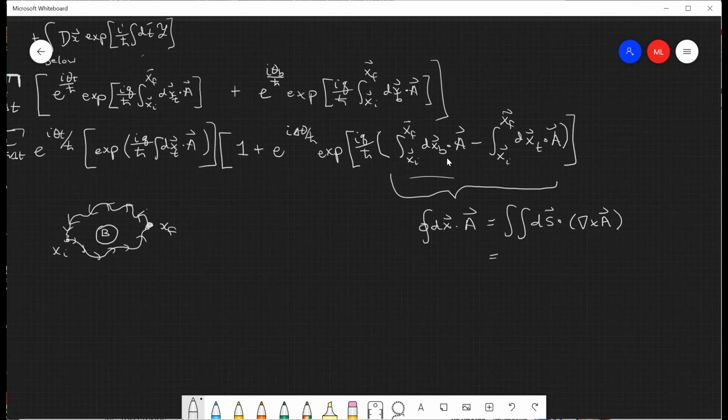And that, of course, is nothing but the magnetic field, because remember, the curl of the vector potential just gives you the magnetic field. So this must be the surface integral. If you have some loop, the surface element is the area element that points according to the right-hand rule.